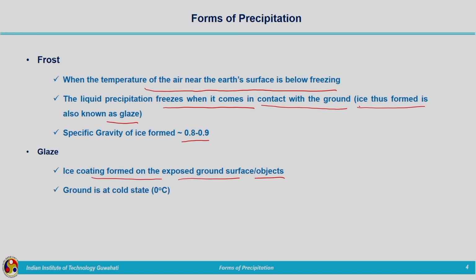So when rainfall or water droplets fall on this ground surface or these exposed objects, which are at 0 degrees Celsius, it will convert to the solid phase. Rain or drizzle, when it comes in contact with the ground surface or objects at very low temperature, will be converted to ice. That ice formation is termed glaze. So frost and glaze are almost the same thing.